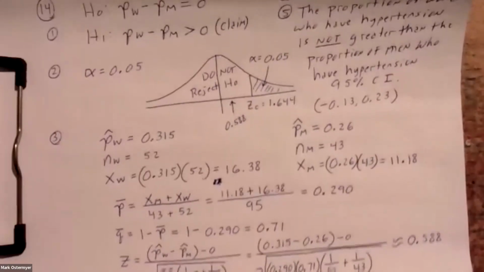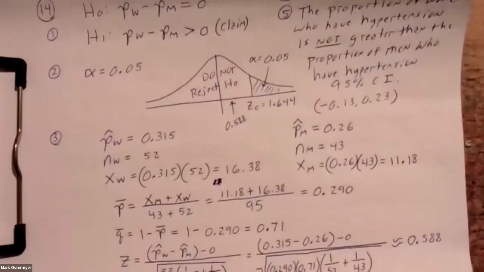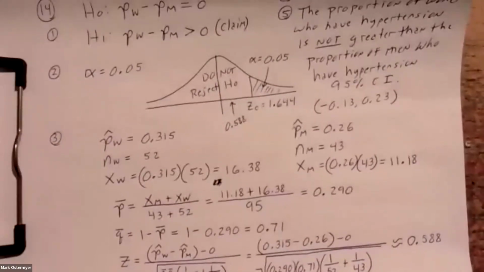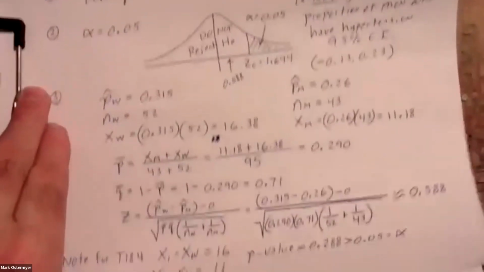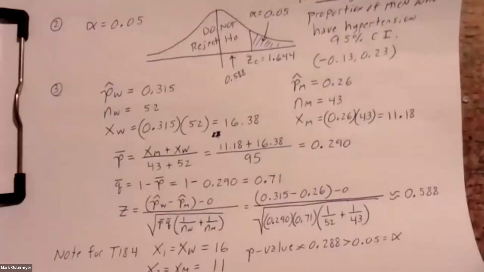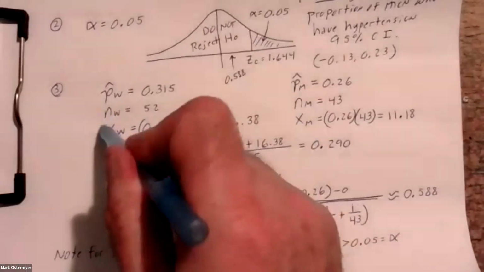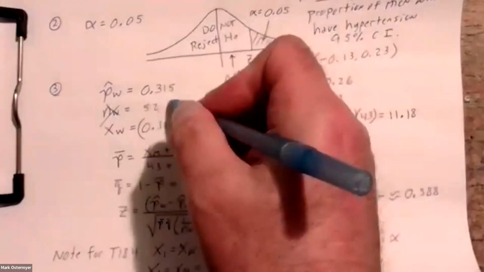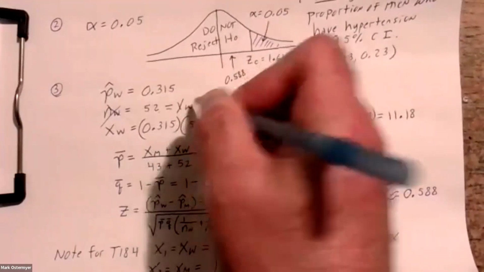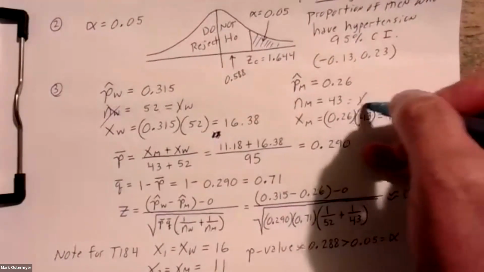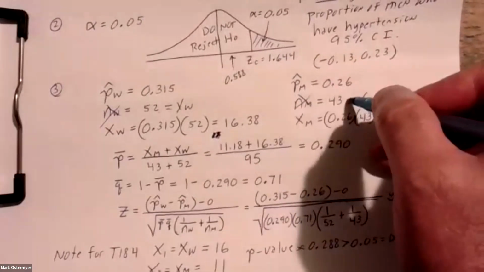Yeah, so this is all incorrect, ladies and gentlemen. I'll have to redo the problem, but it should be 150 for the number of men and women in the sample size. And the 52 and 43 are not these values at all. These would be your X sub W value, and this would be your X sub M value. That's the difference there.